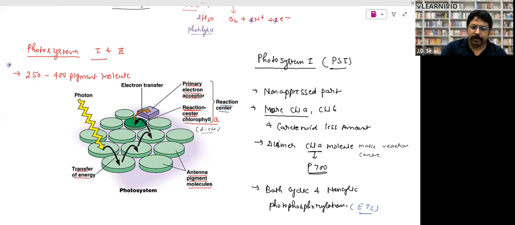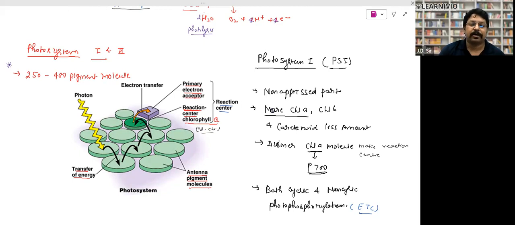This reaction center is made up of two chlorophyll A molecules, that is a dimer of chlorophyll A. This chlorophyll A in photosystem 1 is known as P700 because it absorbs a wavelength of 700 nanometer, and in photosystem 2 it is called P680.